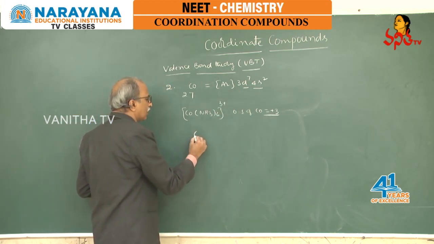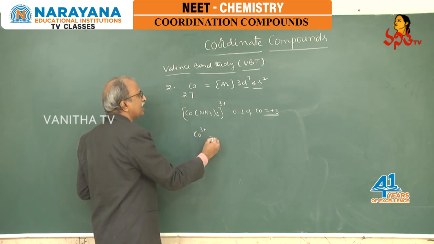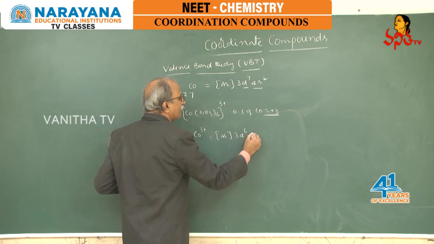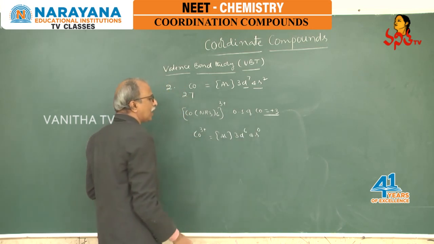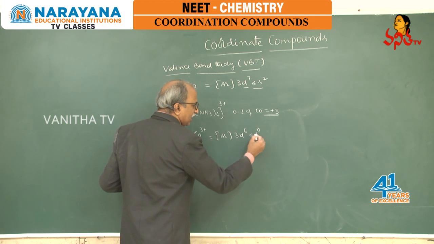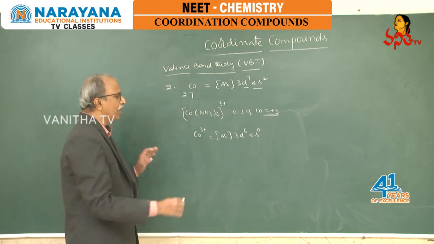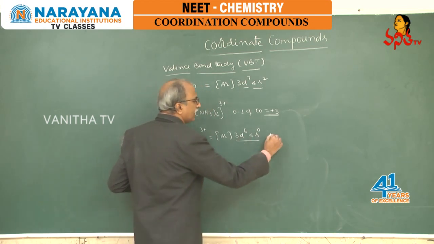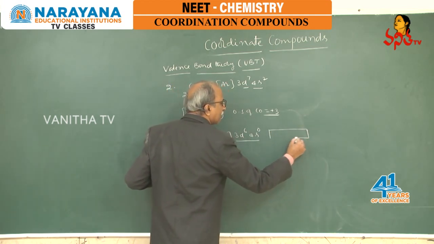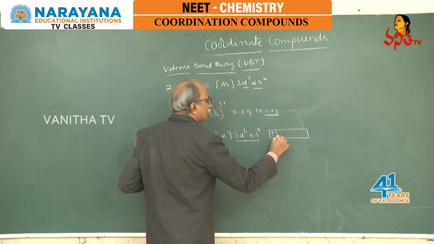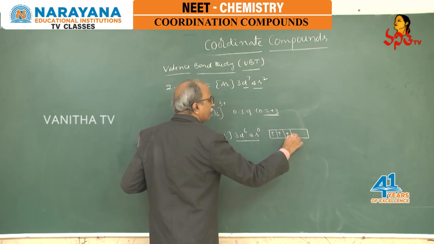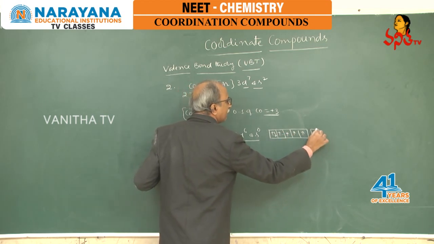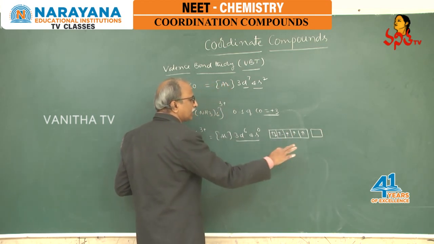So the cobalt plus 3 configuration is argon 3d6 4s0. I can show this configuration with the orbital method, showing only the outermost: 3d6 with 6 electrons, and the s orbital with no electrons.